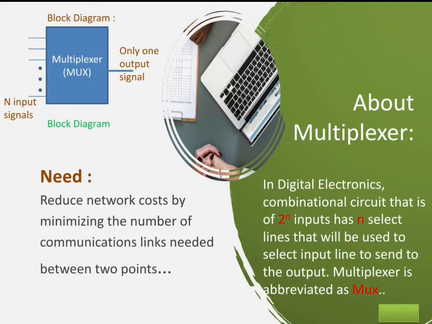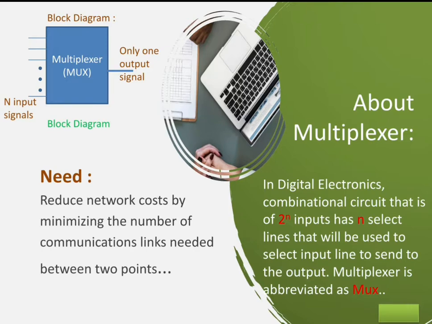And multiplexer is also known as mux, the short form of multiplexer. See the right hand side, it is a digital electronics, we can say a combinational circuit that has 2^n inputs and n selection lines. Means we want control signals also, which control the input lines, and we can have our output, and we have only one output line.